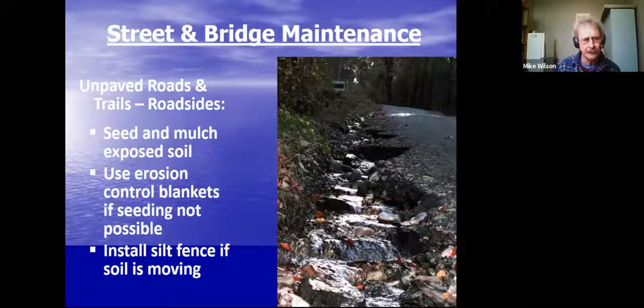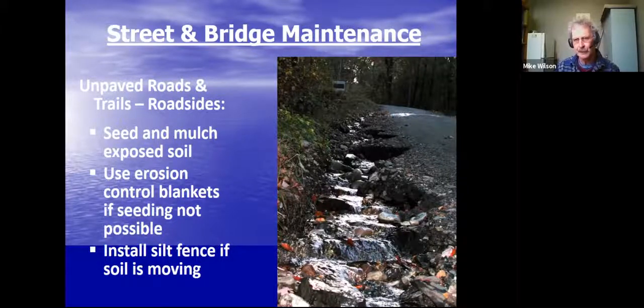If you have unpaved roads and trails, you want to seed and mulch any exposed soil to contain that. Or if seeding is not possible, you want to use erosion control blankets and install that silt fence if the soil is moving.